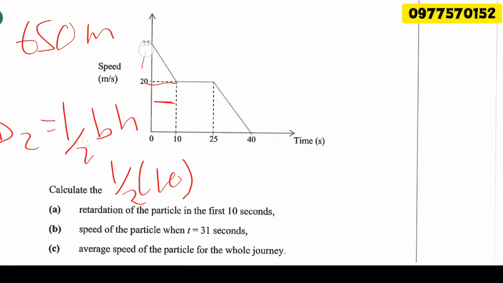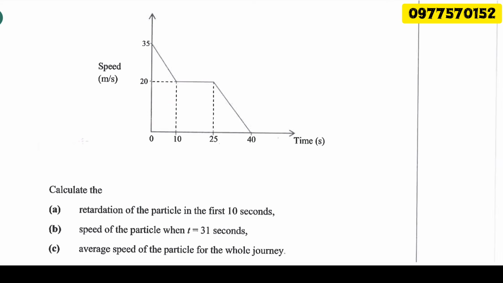H is the height, 20 to 35, which is 15. It's easy to find half of 10. Half of 10 is 5. Then 5 times 15: 5 times 5 is 25, write 5 carry 2. 5 times 1 is 5, plus 2 is 7. So 75.